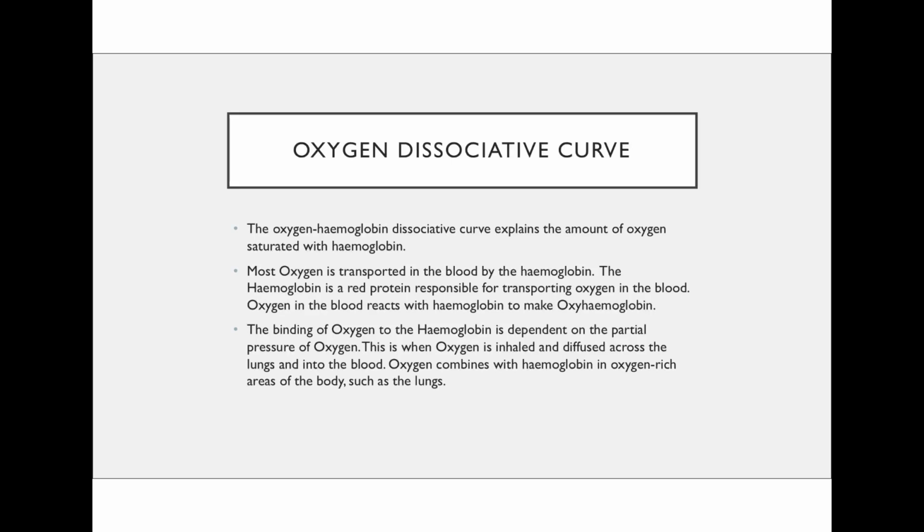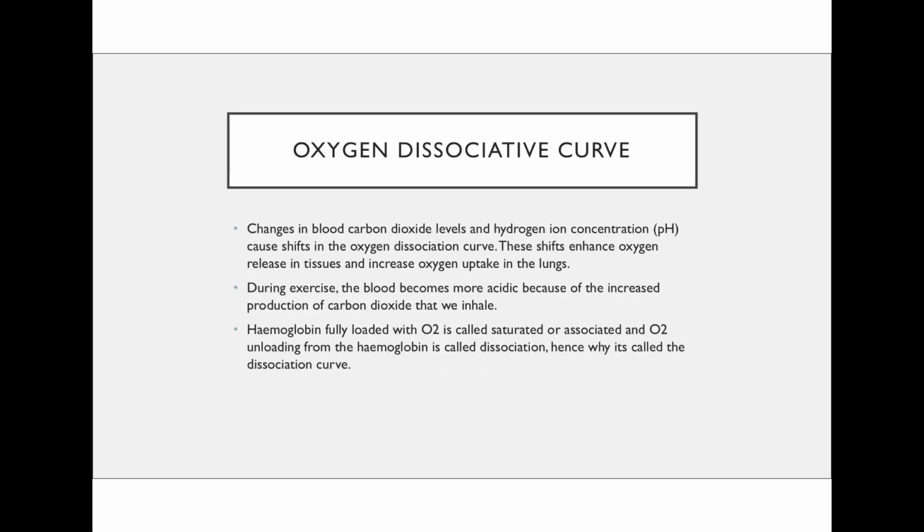Oxygen combines with hemoglobin in oxygen-rich areas of the body, such as the lungs. Changes in blood carbon dioxide levels and hydrogen ion concentration cause shifts in the oxygen dissociation curve. These shifts enhance oxygen release in tissues and increase oxygen uptake in the lungs.